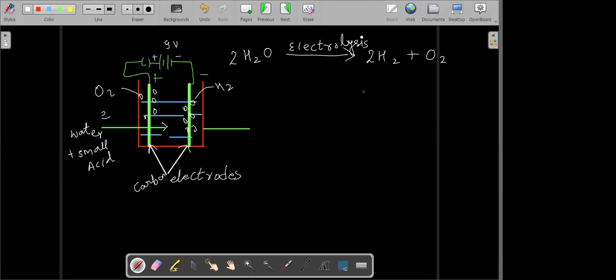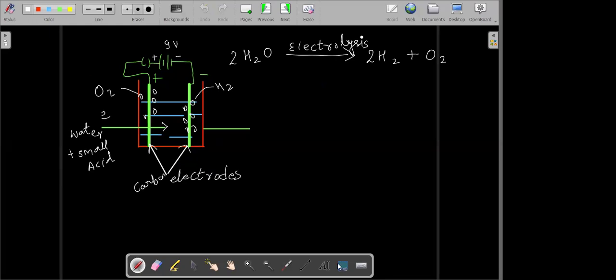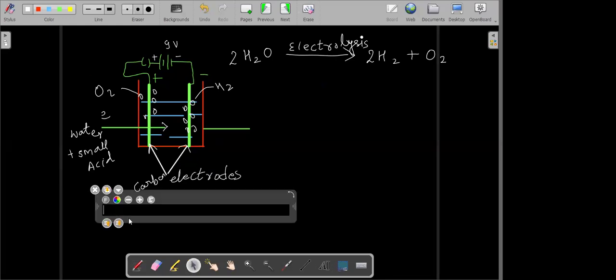So this was the electrolysis. We obtained hydrogen and oxygen. The next thing we do today is electroplating. So see how we perform electroplating of substances. This is electrolysis of water.